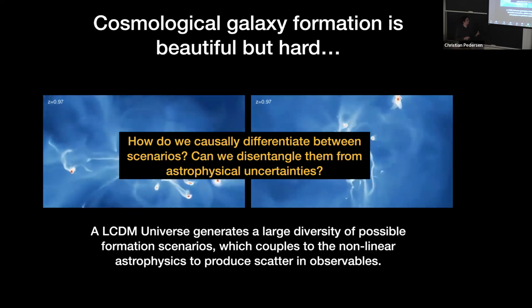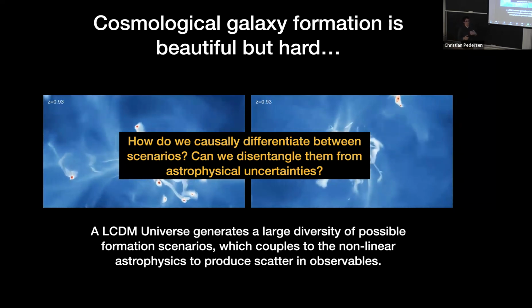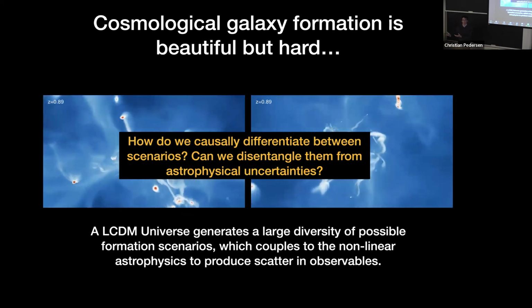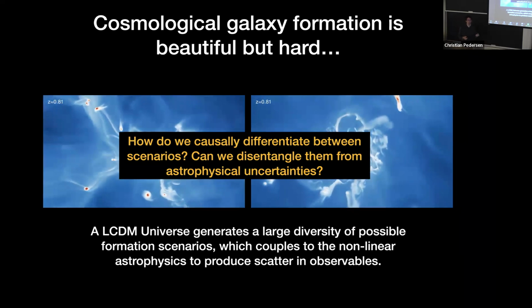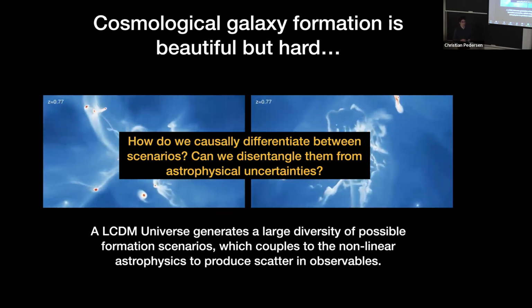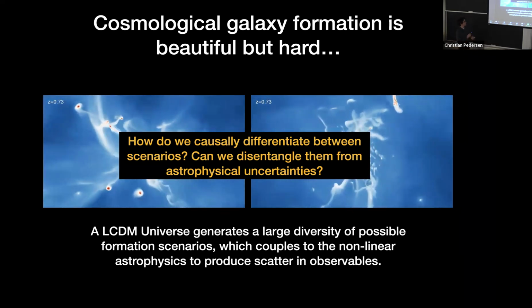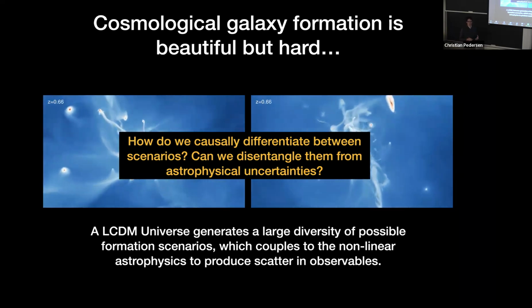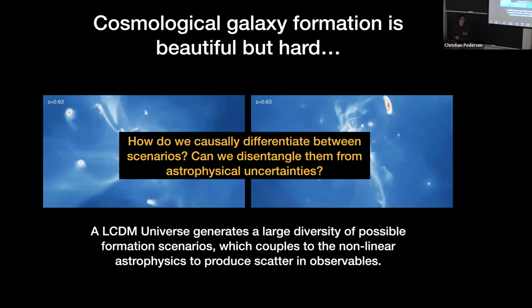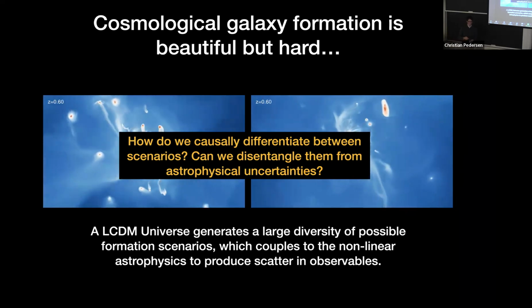How do we distinguish different scenarios? Can we even hope to disentangle them from the astrophysical uncertainties that we might have in stellar evolution or in black hole physics, for example? And this is really the type of question I'm going to try to not answer, because you can never really answer anything, but get better at today.